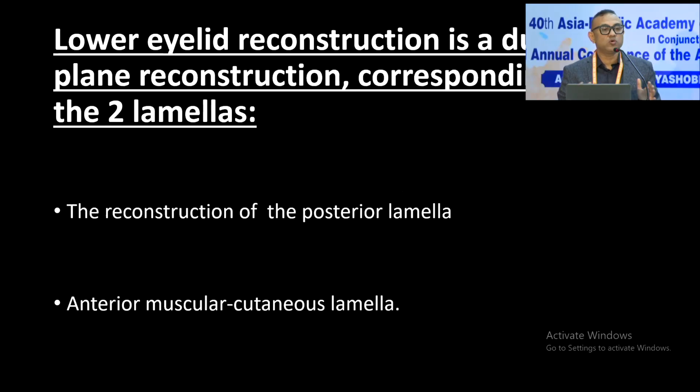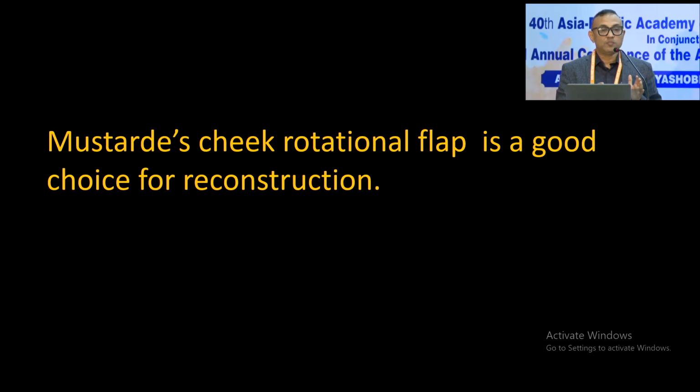We all know that lower eyelid reconstruction is a dual plane reconstruction. We need to reconstruct the 2 lamellae, the posterior lamellae and the anterior lamellae. Now, the Mustardé cheek rotation flap is a good choice for reconstruction of the anterior lamellae. For the posterior lamellae, we need some mucocartilaginous graft.